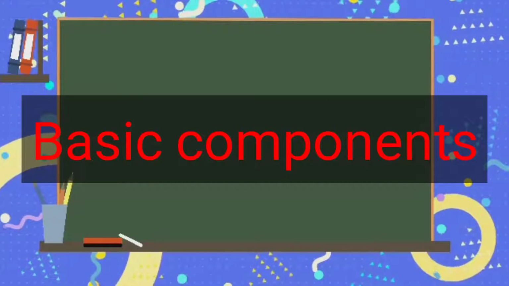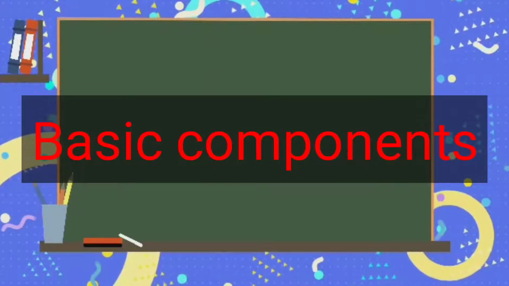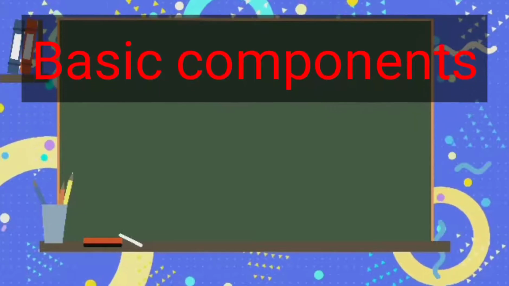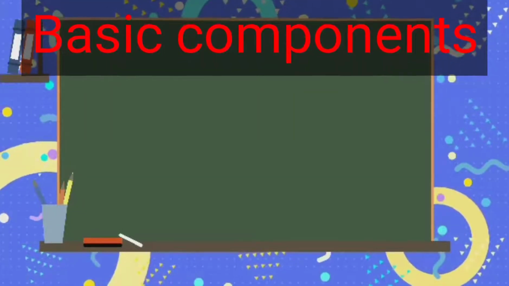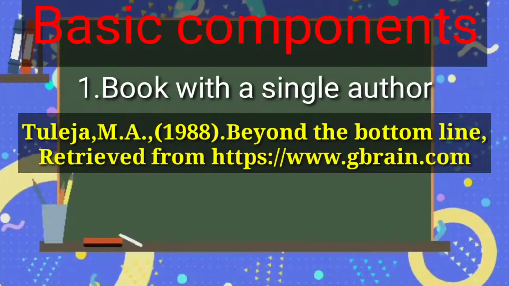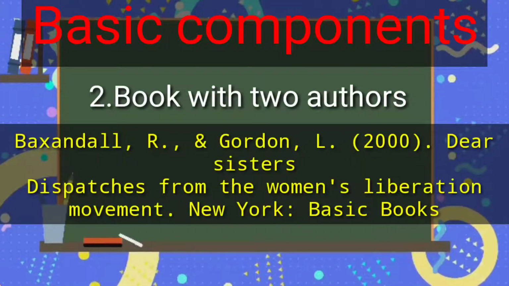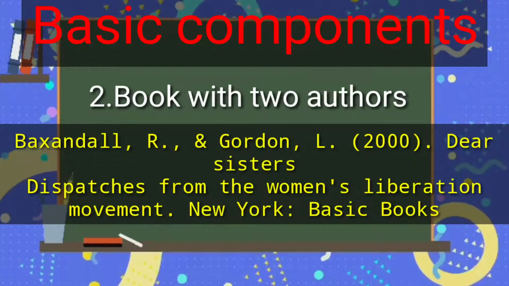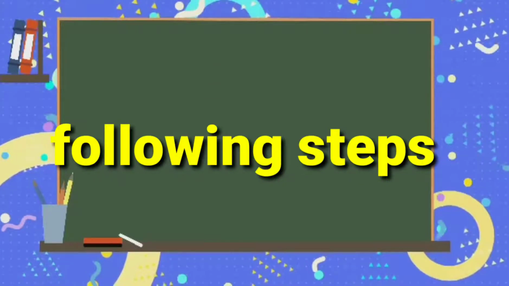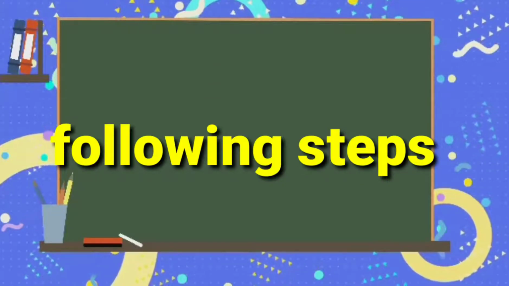When citing a book in your work, you need to do it as the example below. Examples. Number 1, book with a single author. Number 2, book with 2 authors. Take note, guys, that there are following steps that are important for the citation.